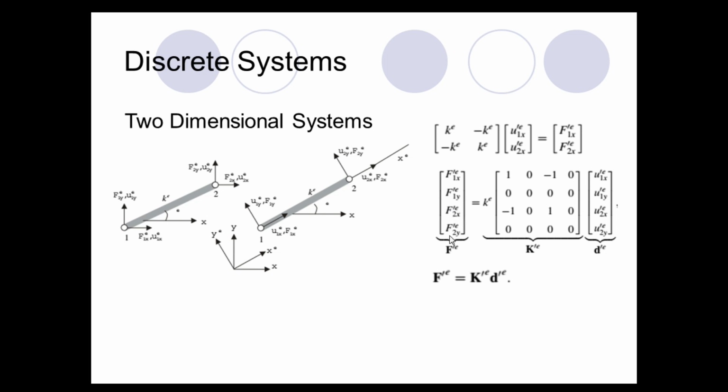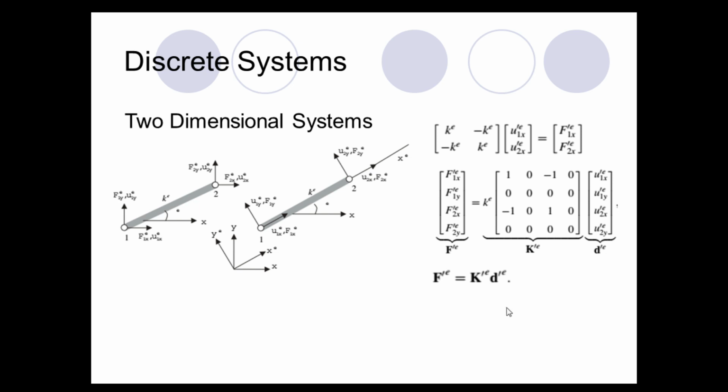Now if I look at the f2y prime, it has to be 0 because there is no relationship between the displacements and f2y, in fact. So this is how I form the element stiffness matrix.